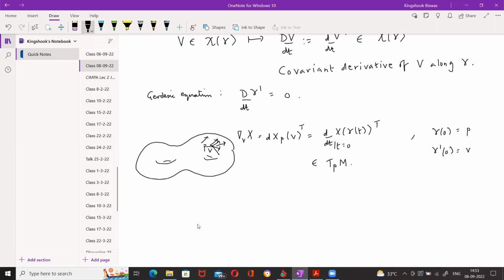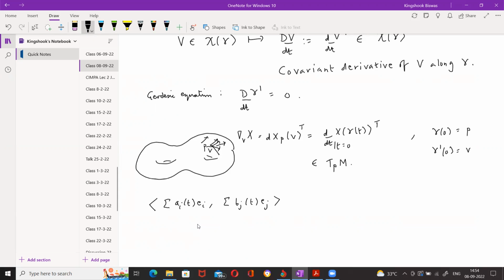So if I look at two vector fields along a curve, then I can write them as summation a_i of t e_i, and summation b_j of t e_j.